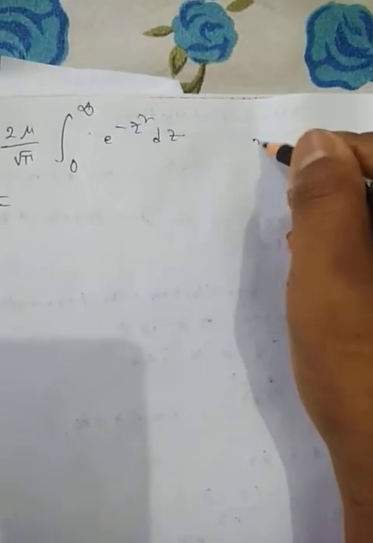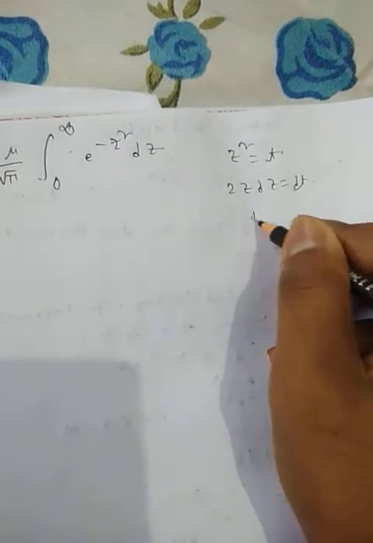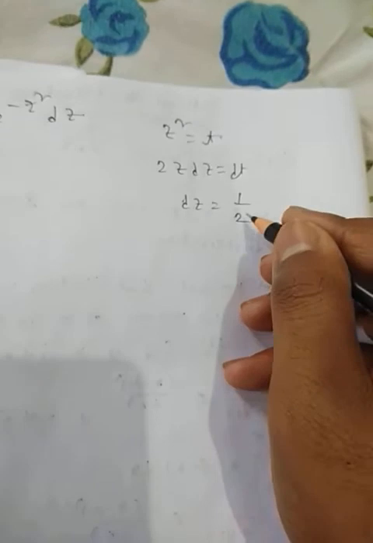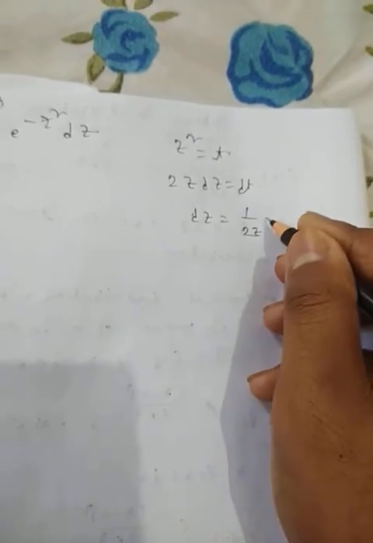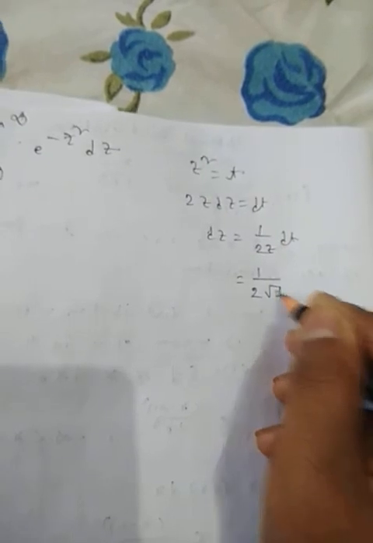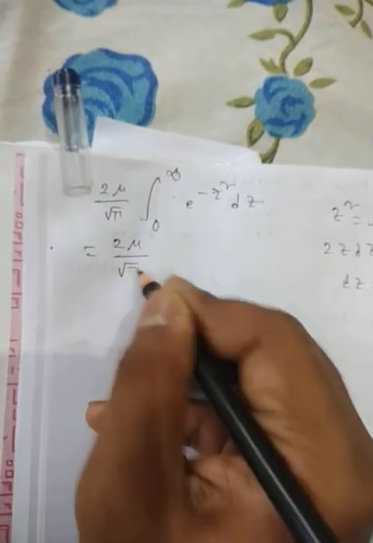Now to integrate this function, we again substitute z square by t. Differentiating both sides, we get 2z dz equal to dt, so dz is 1 by 2z dt, and the value of z is root t. So dz equal to 1 by 2 root t dt. Now we substitute in 2 mu by root pi.